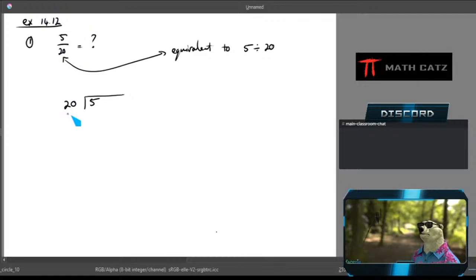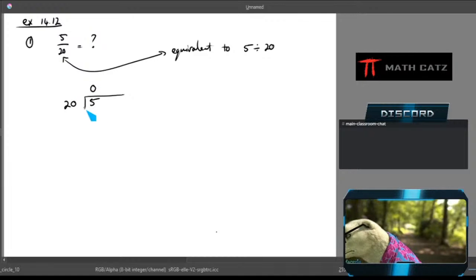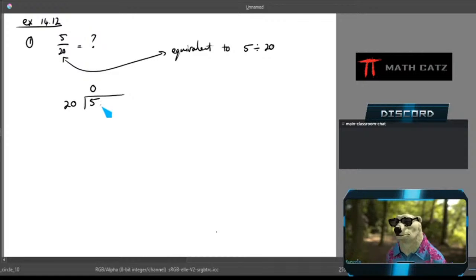So we start by saying 20 goes into 5 0 times. Then I still have something left. I now need to keep going until I don't have a remainder anymore. So I'm going to have my decimal place and then just shift my view, just like we shifted our view from thousands, hundreds, tens, ones, and so on. I'm just going to keep shifting it to the right. And when I do that, the method doesn't change.